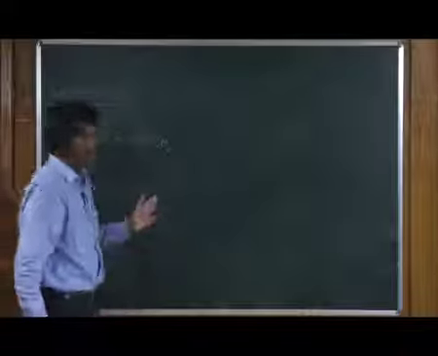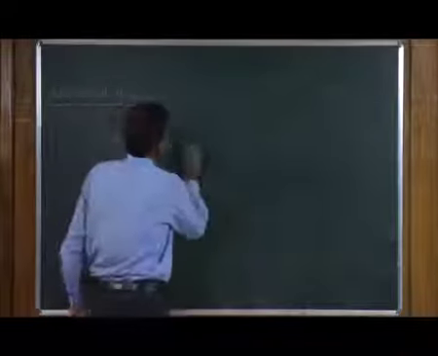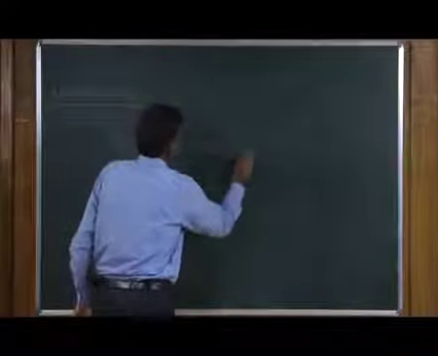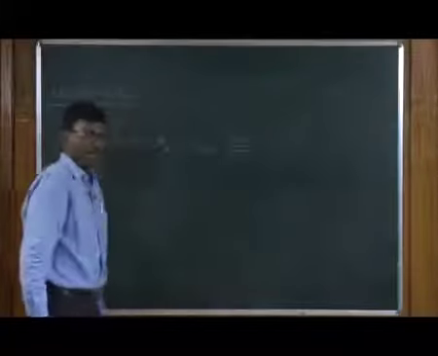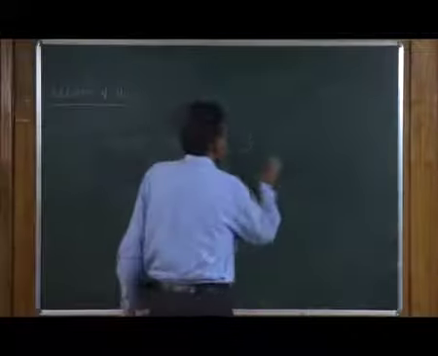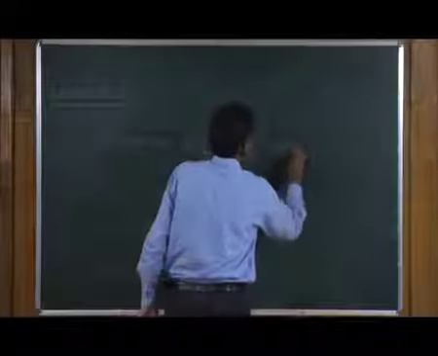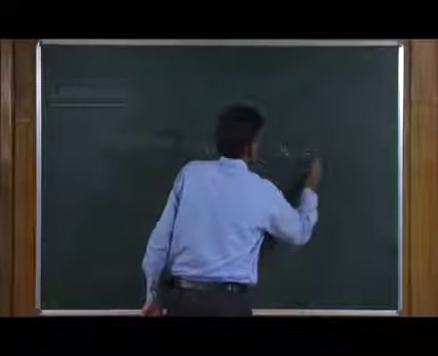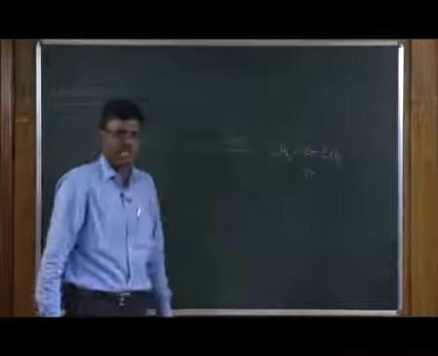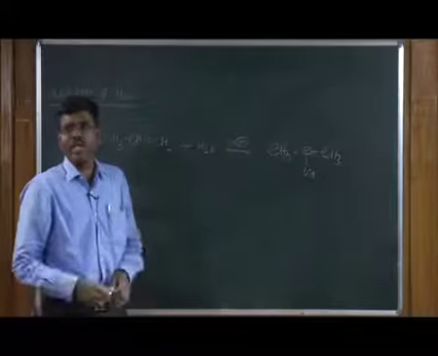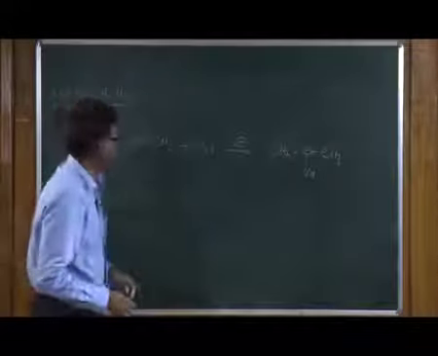When you treat this alkene with water in the presence of a few drops of sulfuric acid, it undergoes hydration to give secondary alcohol. This is the major product. This is also an example of electrophilic addition reaction.